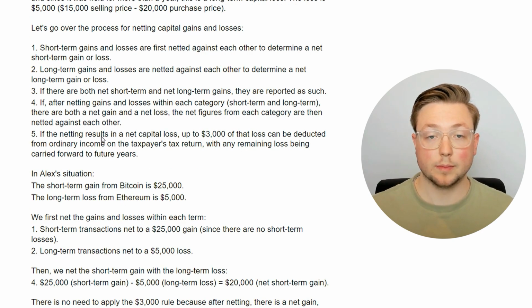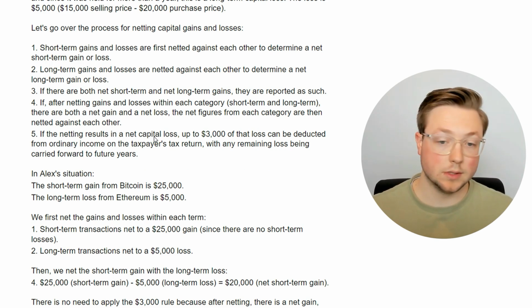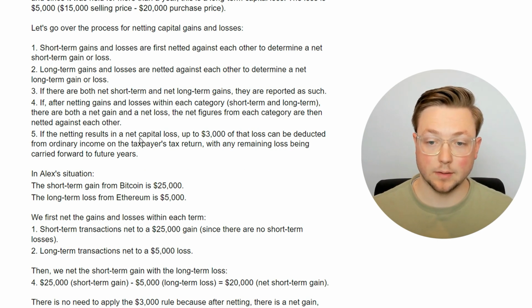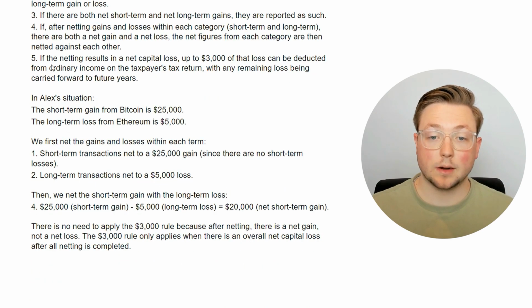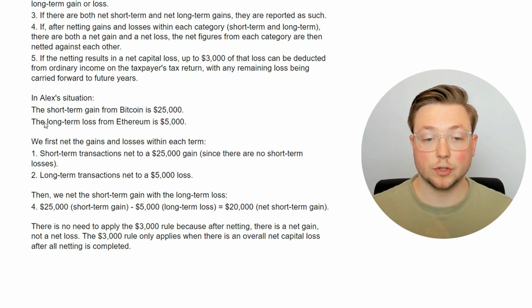However, and we'll see this rule applied in future questions, if the netting results in a total net capital loss, then up to $3,000 of the loss can be deducted from ordinary income on the taxpayer's tax return, with any remaining loss being carried forward to future years. So that's not applying here, but we need to remember that for the future.